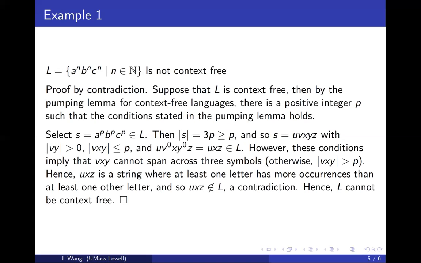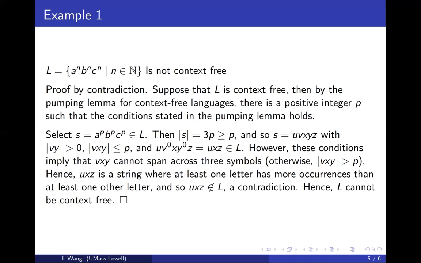When you are given a language, you suspect that it is not context-free because you can't come up with a PDA or a context-free grammar to accept it. But that is not a proof, because you cannot just say, I cannot come up with a PDA. What if somebody else could? So you have to show you cannot either.